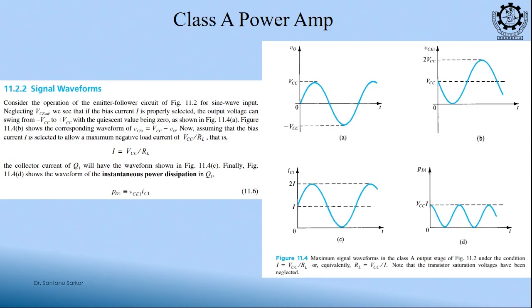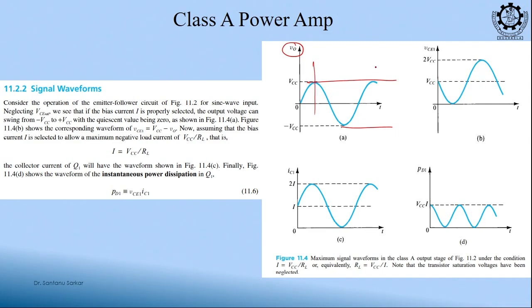This is the plot for V0. If we consider the full swing, the output is going from minus VCC to plus VCC. It is able to deliver a full swing, the maximum possible range, and you are getting that.